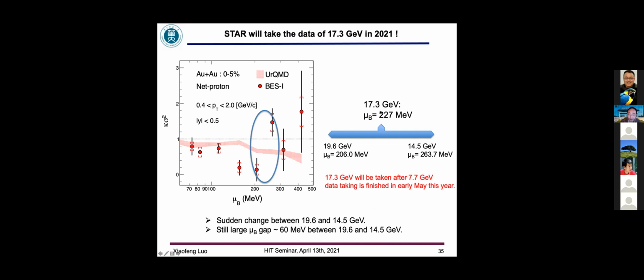That's why we want to take a finer scan between these two energies, and you can see this sudden jump. Hopefully we will see some interesting behavior between these two.